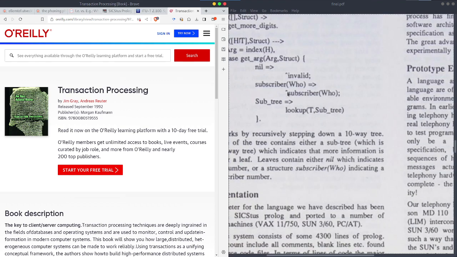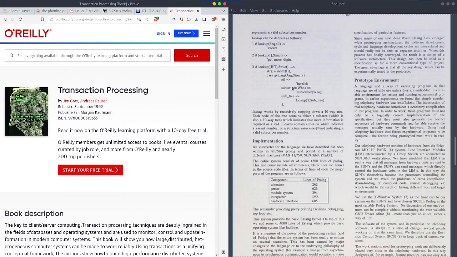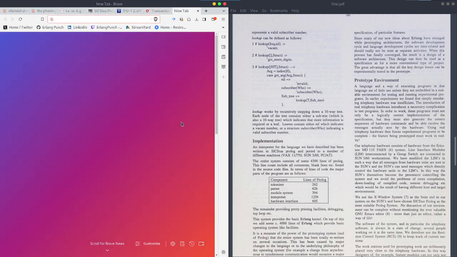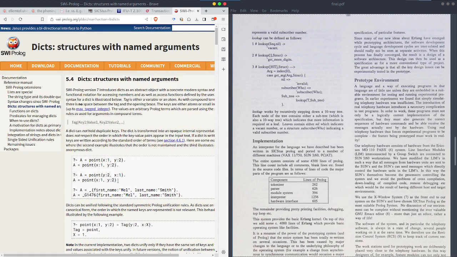That's quite interesting, because this syntax is directly from Prolog. When you are defining a data structure in Prolog, for example with SWI Prolog, you need to put this kind of symbol before it.